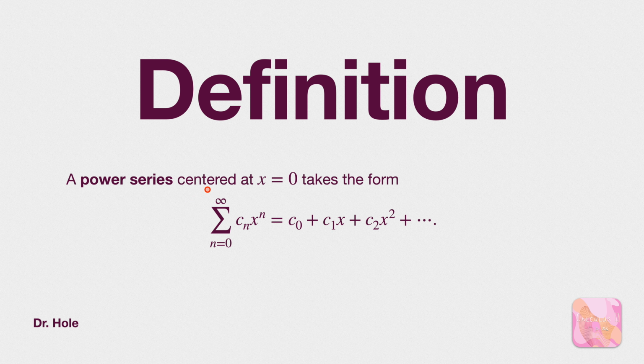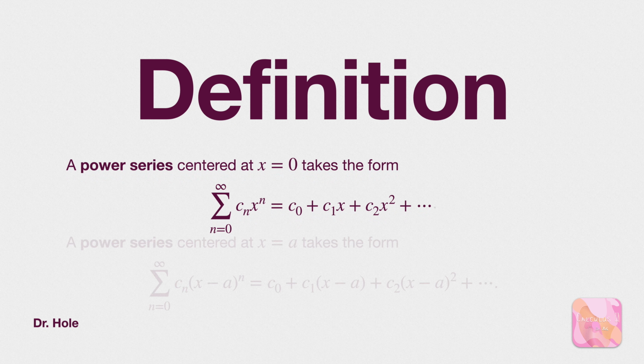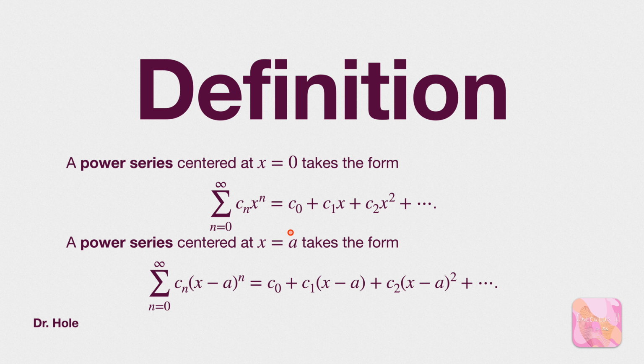And we have this notion of centering the power series, that we're taking the center of this power series to be 0. We can choose any center that we like. We can swap out the 0 for any constant a to update a power series so that it is centered at a.